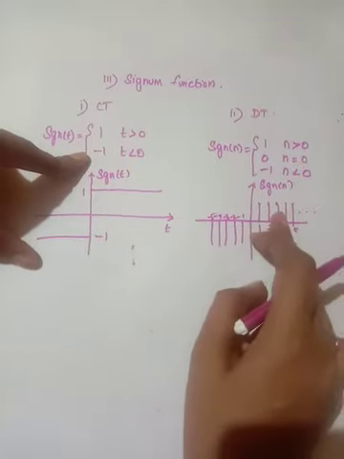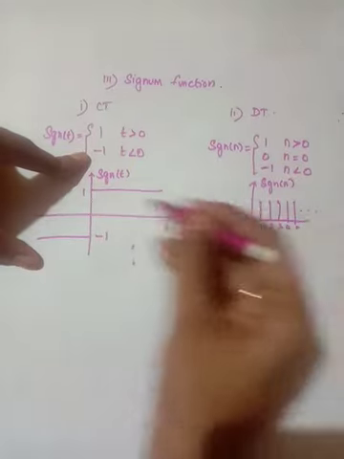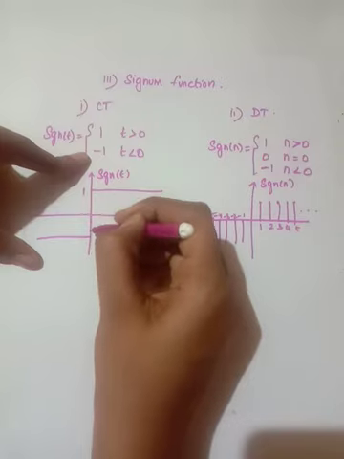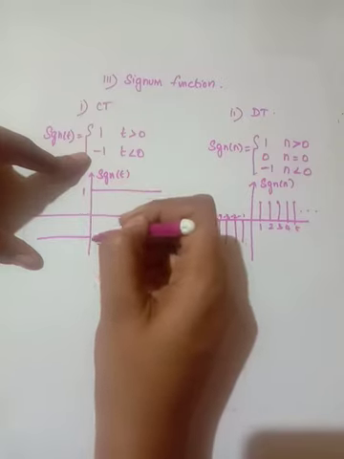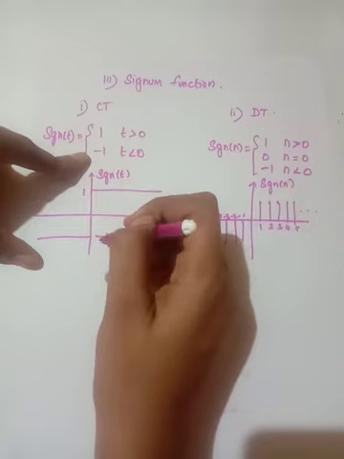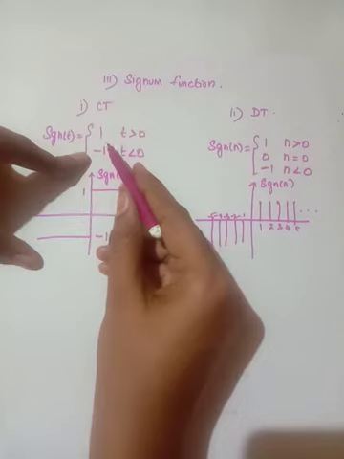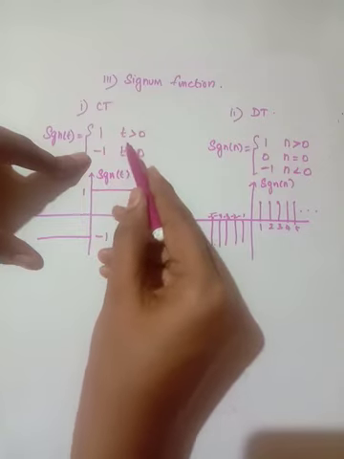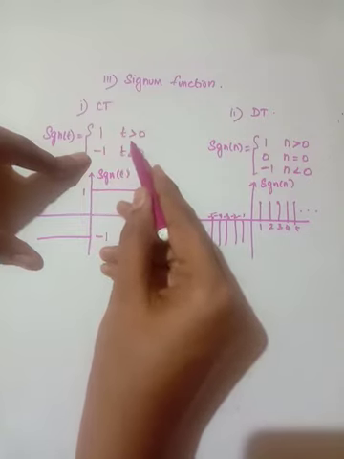This is the discrete case. Here, consider the origin value. In the case of continuous time, here it is 1, here it is minus 1, so it is 0 at the origin. Because it is continuous, we may not be able to specifically write a value for 0.